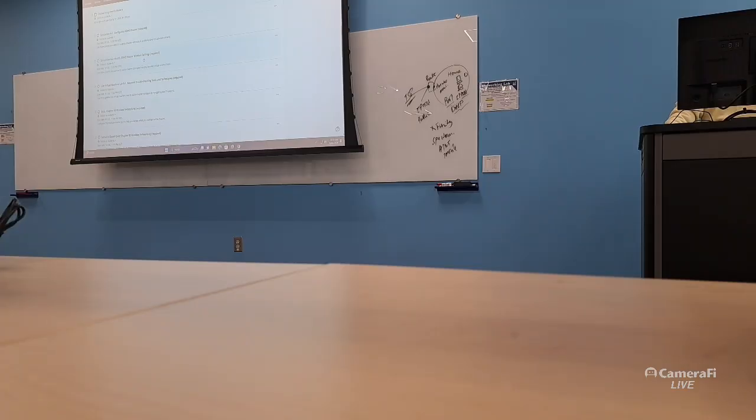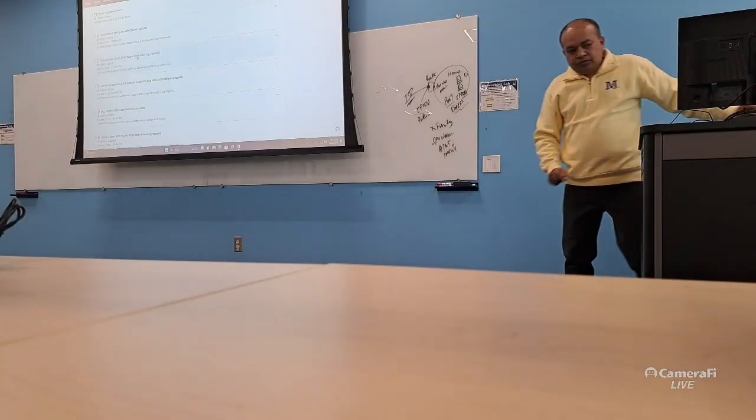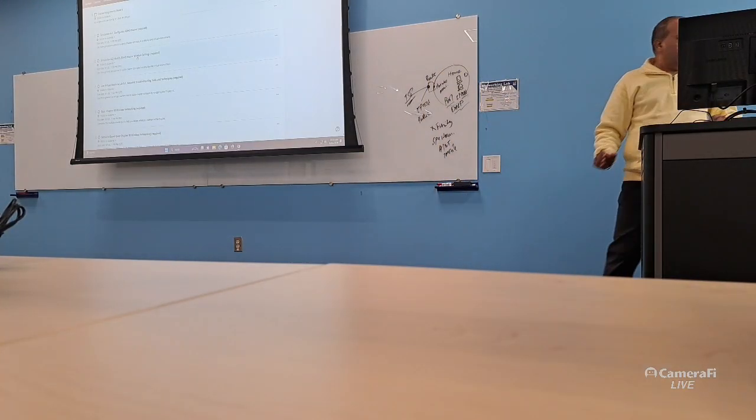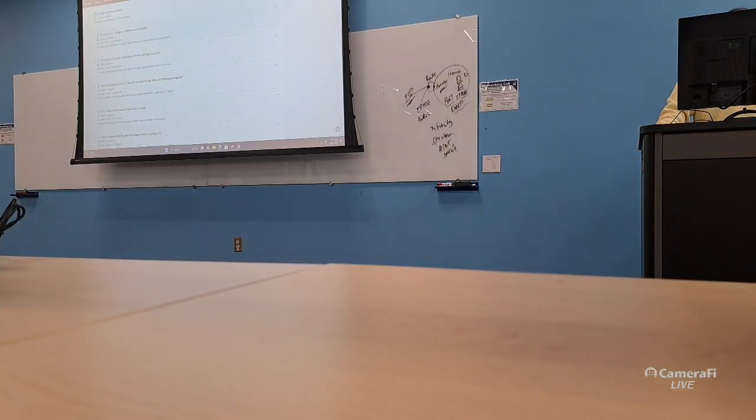SOHO, small office, home office. And then you have another simulation which is on modifying SOHO router wireless settings.